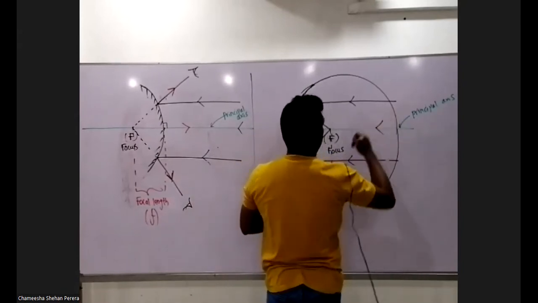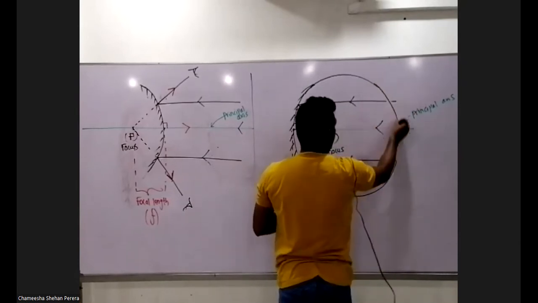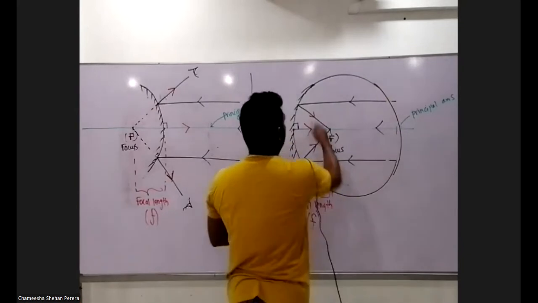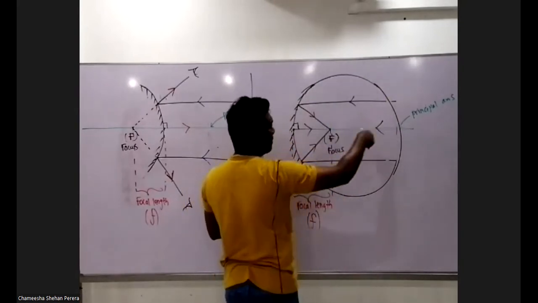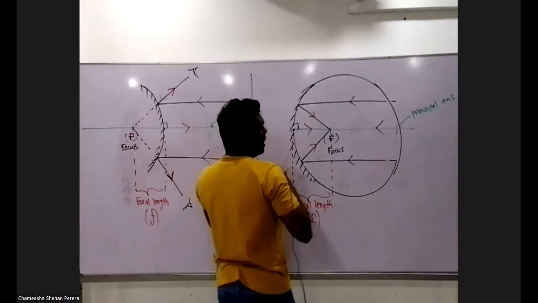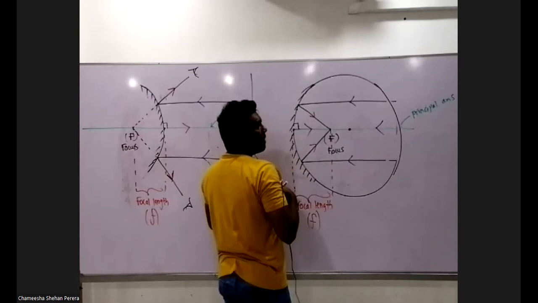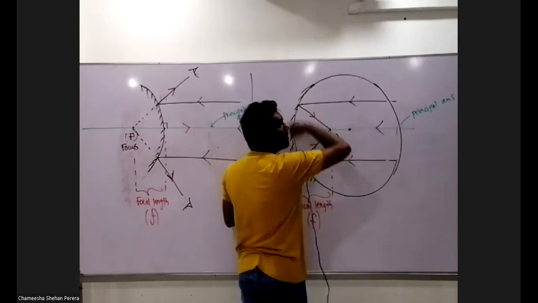Okay, back to the sphere from which this curved surface was obtained. This curved surface was obtained from a sphere. Can you remember the center of curvature of this sphere?